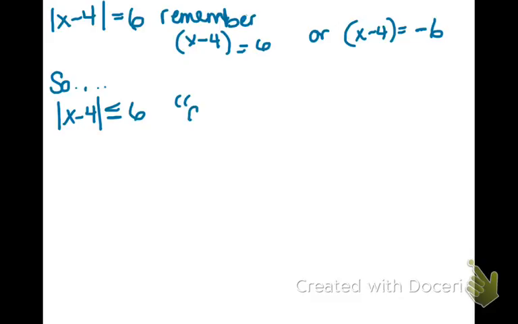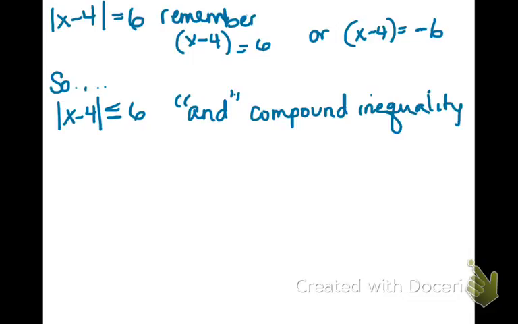All right, let's do that. It would look like this: negative 6 is less than or equal to this x minus 4 expression, which is less than or equal to a positive 6.